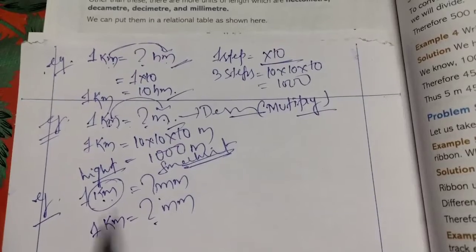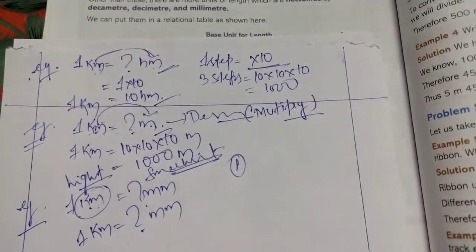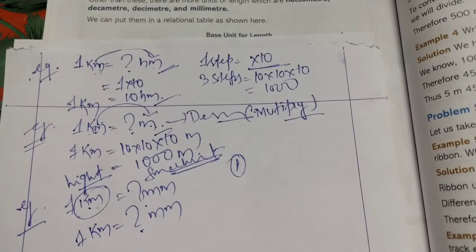This is our question. So what is the first step? At first we have to count whether we are moving from ascending order to descending order or from descending order to ascending order. That means, are we following the ascending order or descending order?